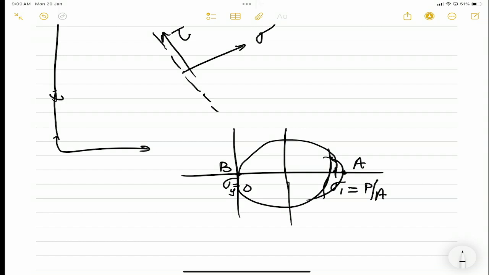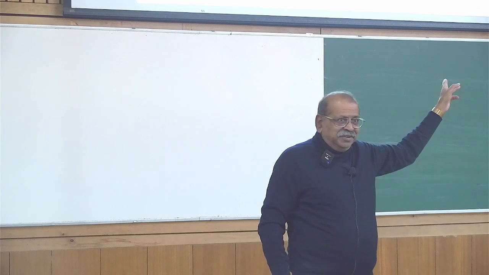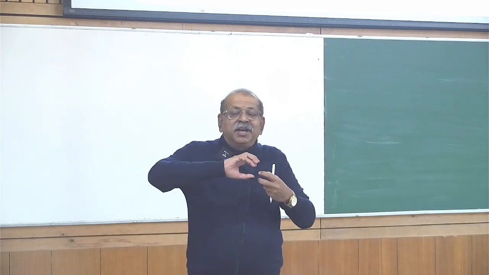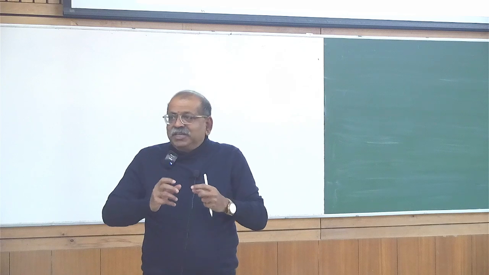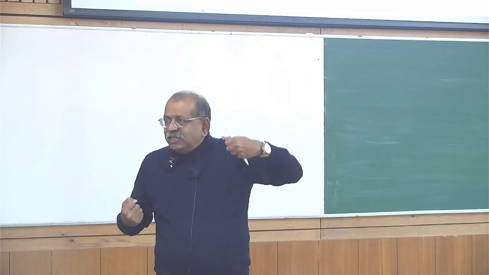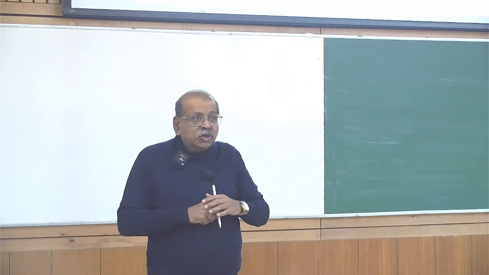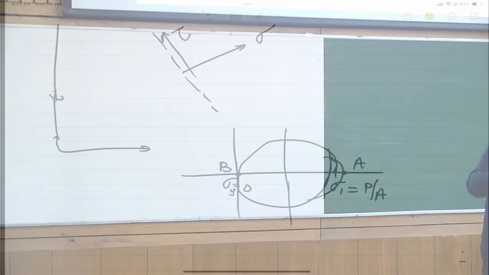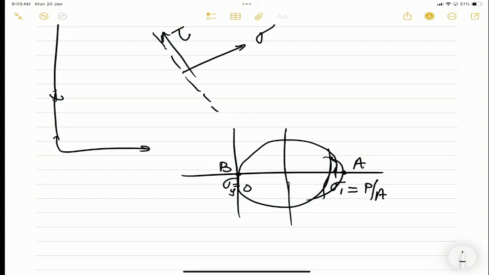The state of stress is given by this Mohr circle. But the ductile material fails under shear stress. It does not fail under tensile stress. So, for the ductile material to fail, where is the maximum shear stress? At an angle of 45 degrees.